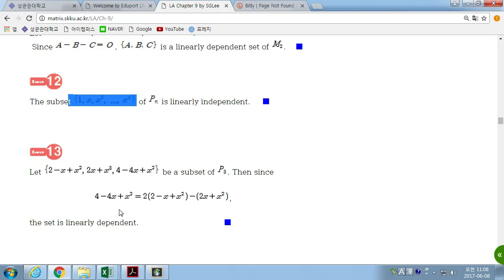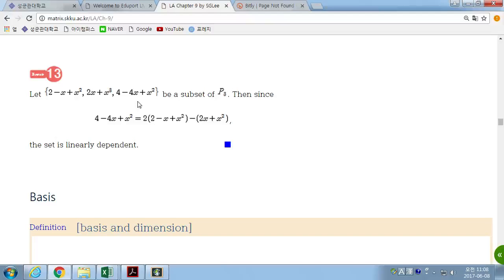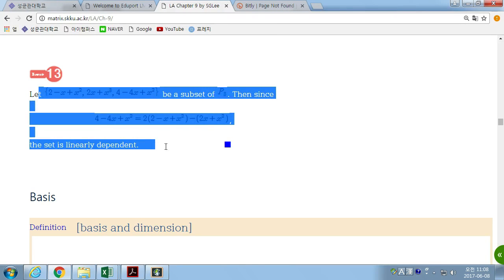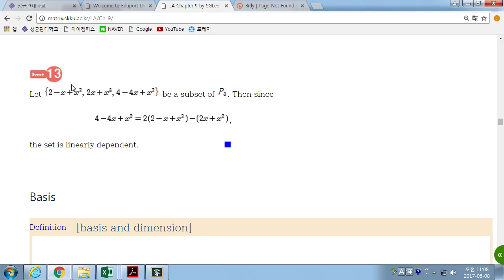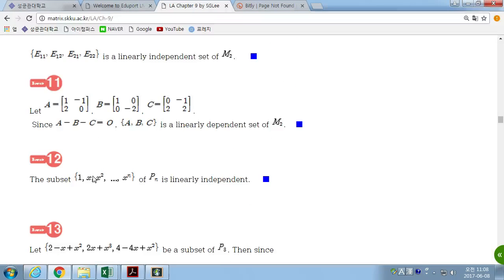So all the Ai's, Ci's should be 0. So they are linearly independent vectors in this vector space of polynomials. But this other set of vectors is linearly dependent because one can be written as a linear combination of the others.